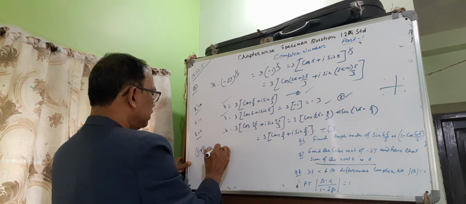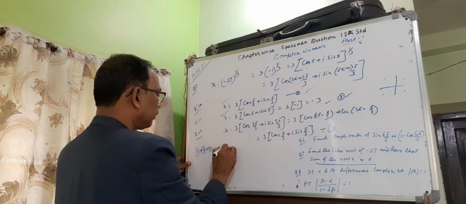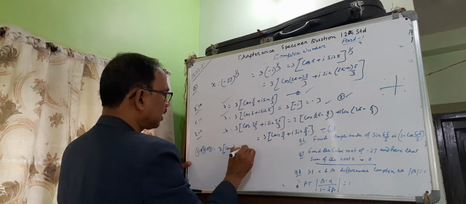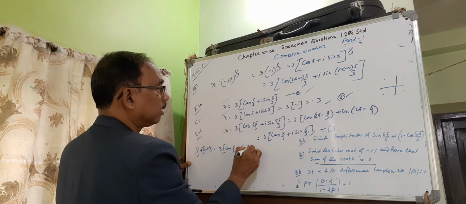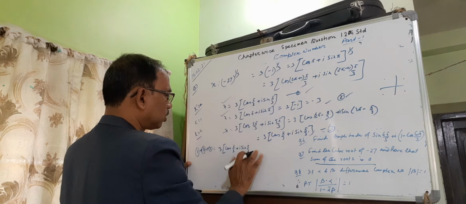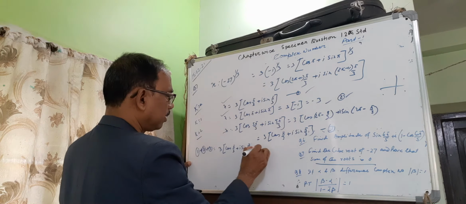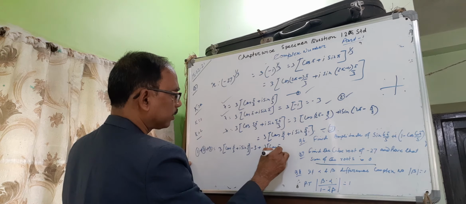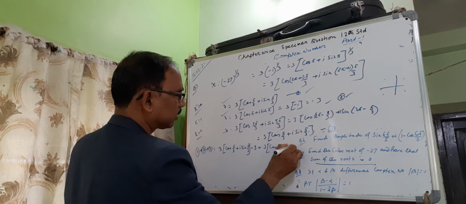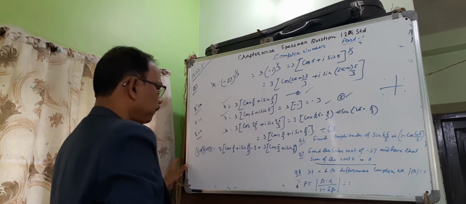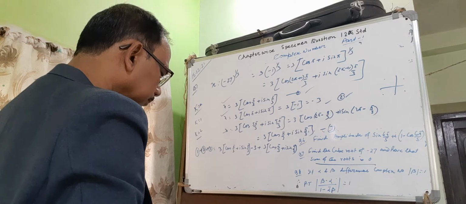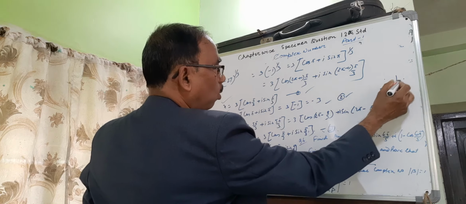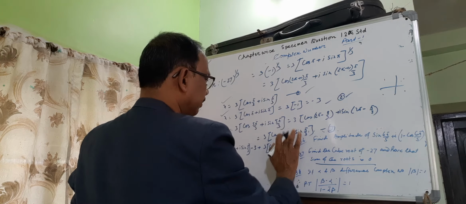The first is 3 [cos π/3 + i sin π/3], plus the second is −3, plus the third is 3 [cos π/3 − i sin π/3].